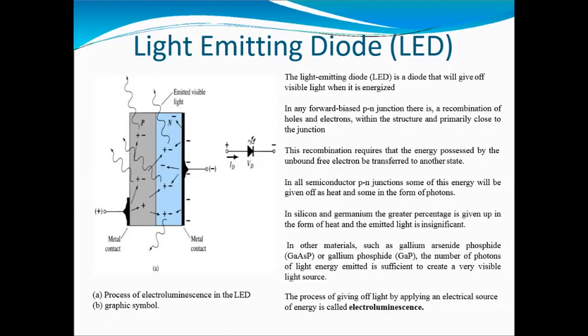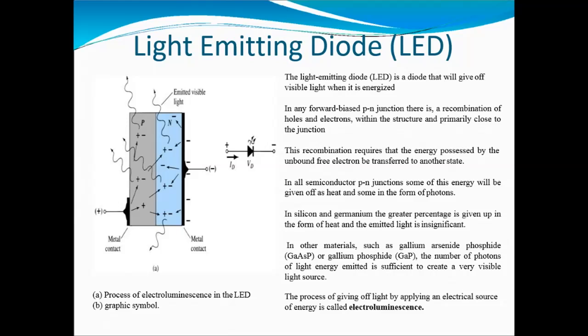This recombination requires that the energy possessed by the unbound free electron be transferred to another state. In all semiconductor PN junctions, some of this energy will be given off as heat and some in the form of photons.